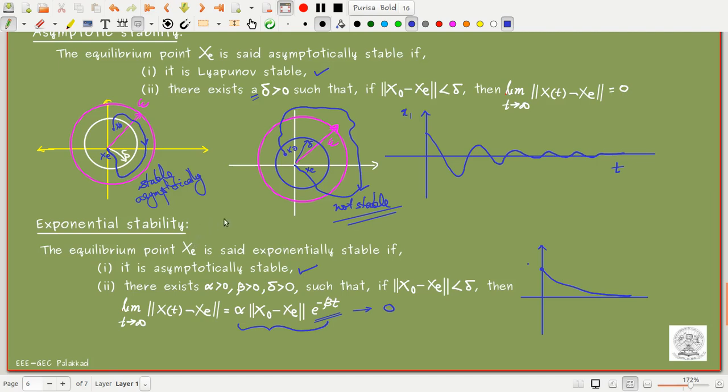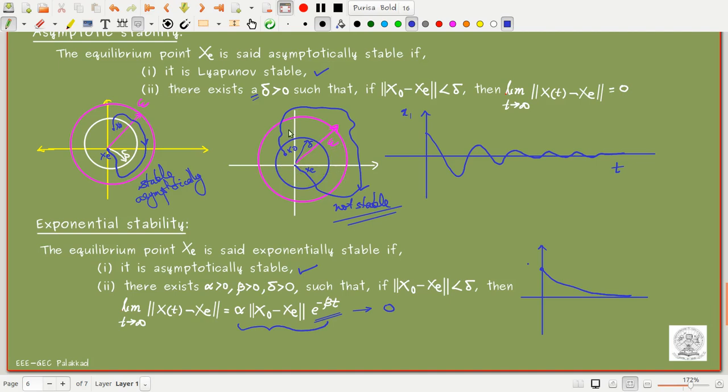But suppose I am able to say that wherever I start inside the epsilon ball, inside the delta ball, I will have a stable condition.